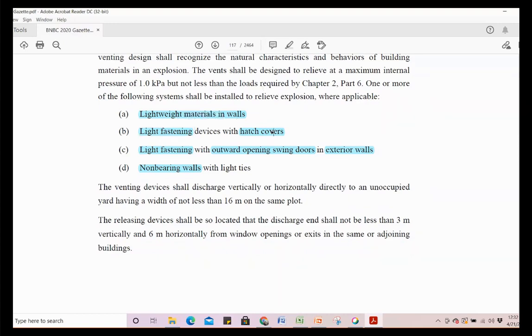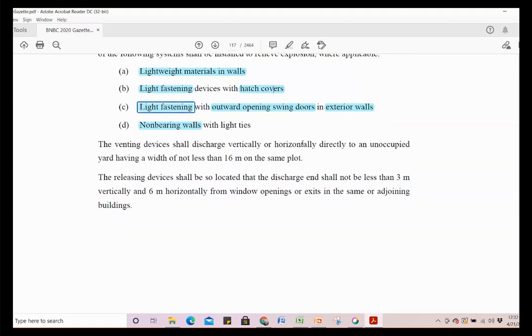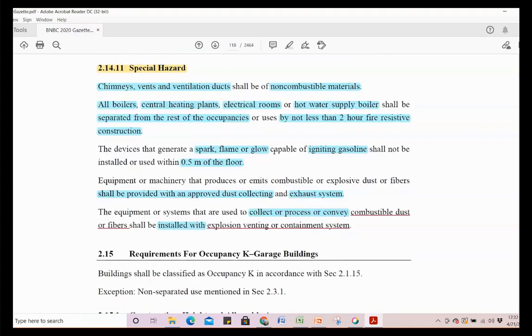Light fastening hatch covers. Hatch covers must be lightly fastened. Light fastening outward opening swing doors or exterior walls, so that if anything happens, the door bursts outward and vents out the major load of the explosion. And non-bearing walls with light ties. So these are the explosion measures.